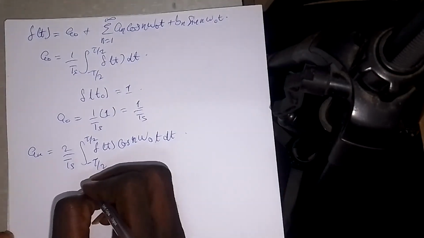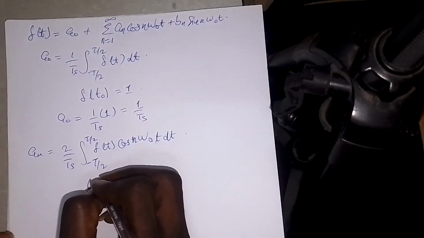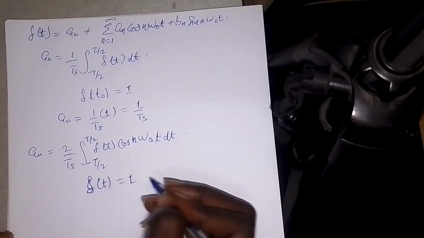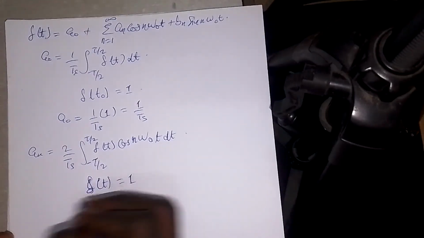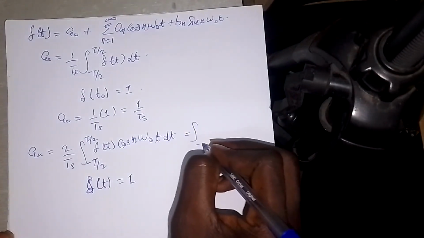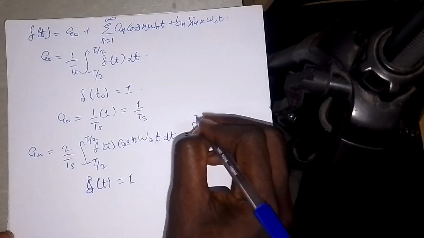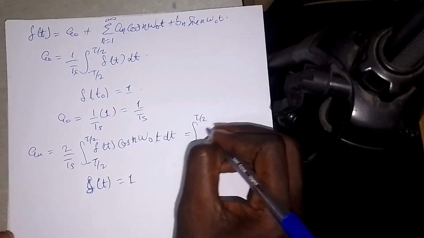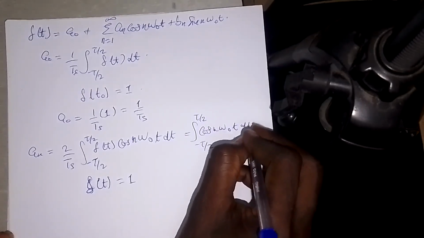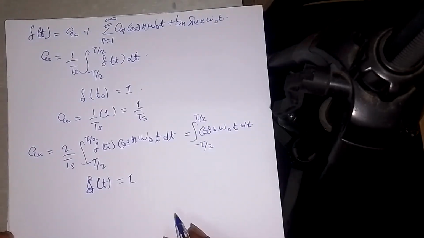But I know that delta of t is equal to 1. So basically this becomes the integral from minus T on 2 to T on 2 of cos n omega naught t dt. Okay, so that is what I have.